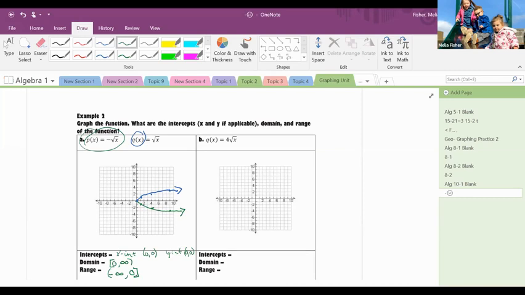Okay, so it's probably going to change the steepness of our graph, right? So we're going to start at 0, 0. We didn't change that. We're going to go out 1, up 4. And then we're going to go out 4, and then instead of going up 2, we're going to go up 16. Oh my goodness. 4, 10, 11, 12, 13, 14, 15, 16. That's going to be way the heck up there.